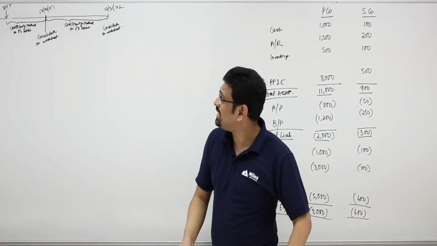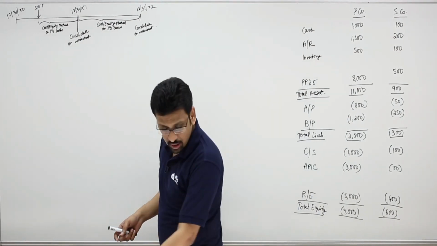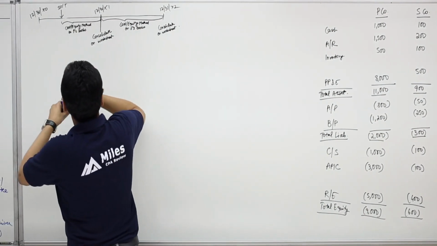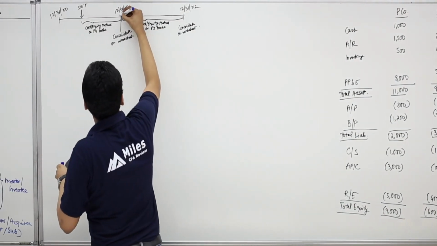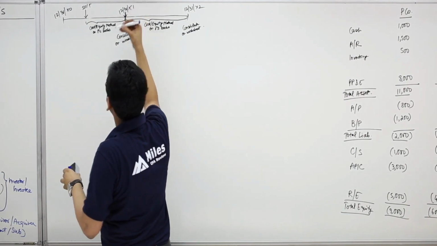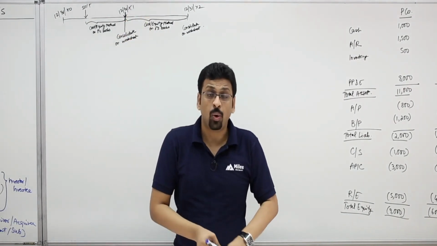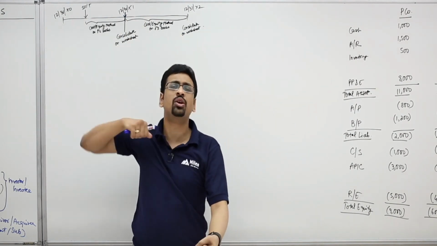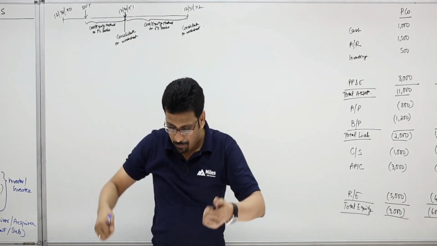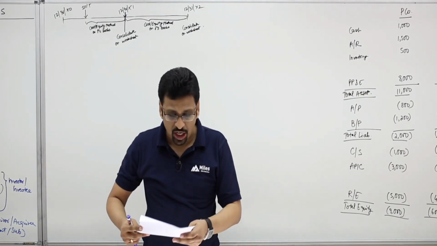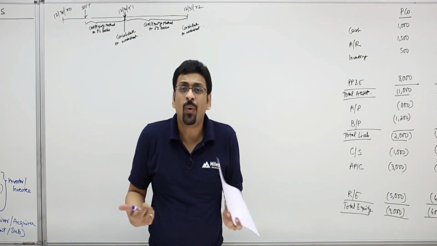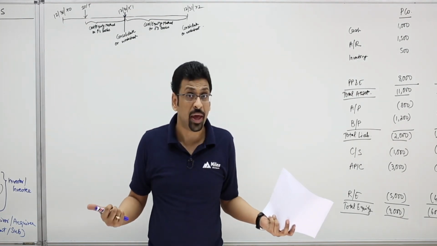So the acquisition is happening at 12/31/X1, and the parent is issuing its own stock to acquire 100% of the subsidiary. The parent is issuing 150 shares of common stock at $6 per share, so that's an investment of $900 on the parent's books.